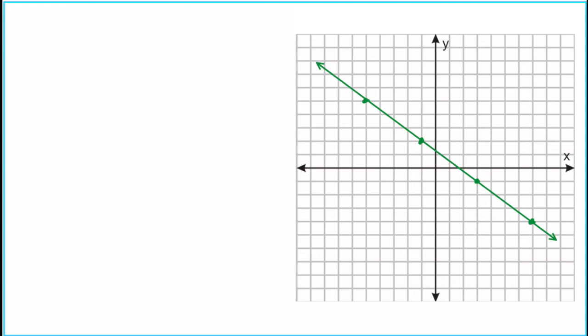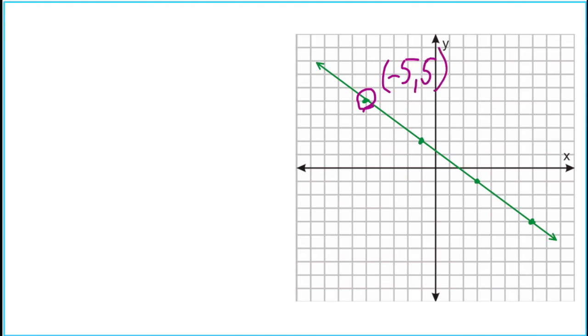Let's try working in the other direction. What if you have the graph and you want to write the equation? So here's a graph, and you can see there's 1, 2, 3, 4 good points on it that we can see. You can actually write your equation off any of these points. So let's just choose one. Let's choose that point right there, which is (-5, 5).